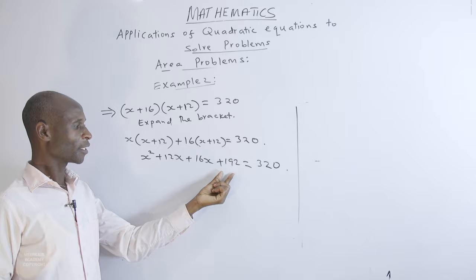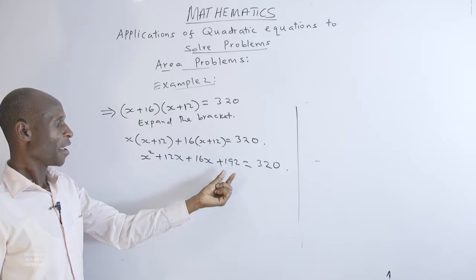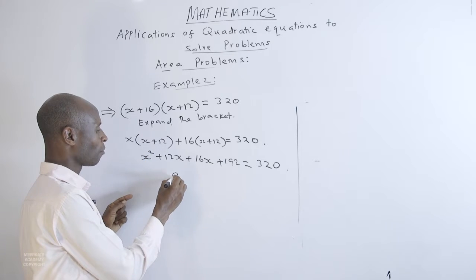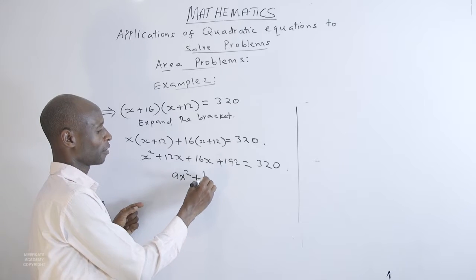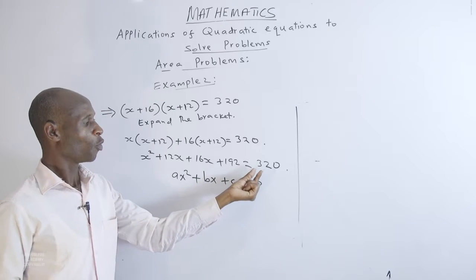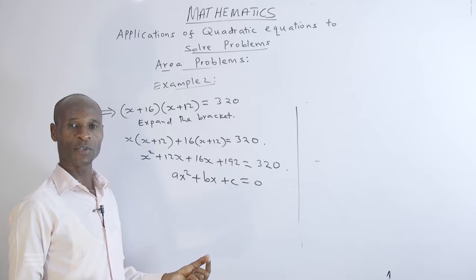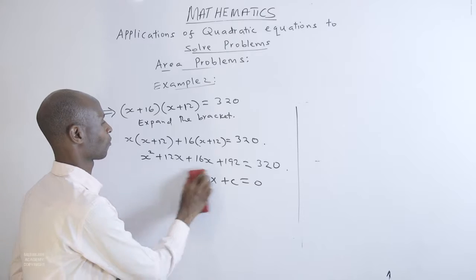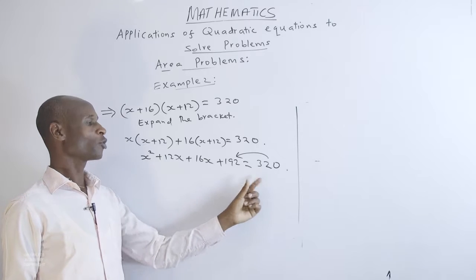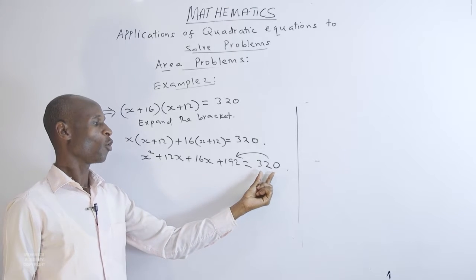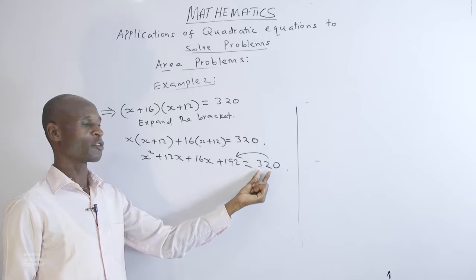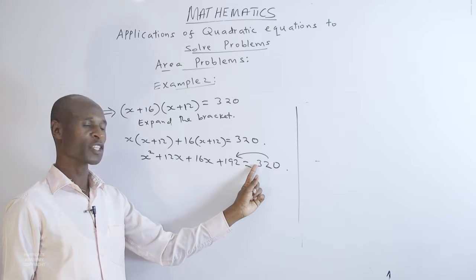So at this point, we collect the like terms so that we express our quadratic equation. It's a quadratic because the highest power is 2, in the form ax squared plus bx plus c equals 0. So in this case, we collect 320 to the left-hand side so that we remain with a 0 on the right-hand side. You subtract 320 from both sides.